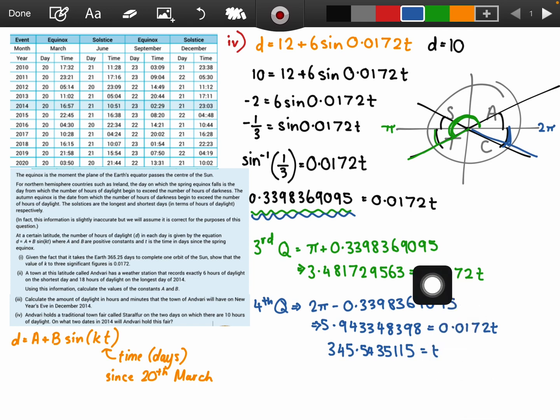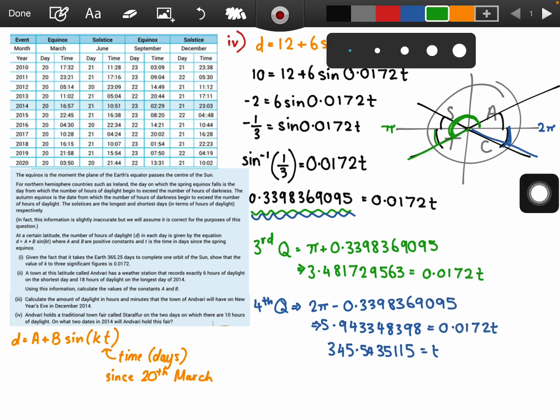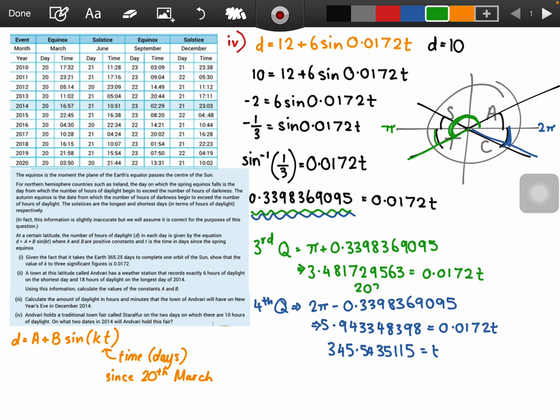And then up here, I should have saved that, but it's okay because I'll just quickly do my calculator again. Pi plus A to get that number, and I want to divide it by 0.0172, so that I get 202.408695 equal to t.